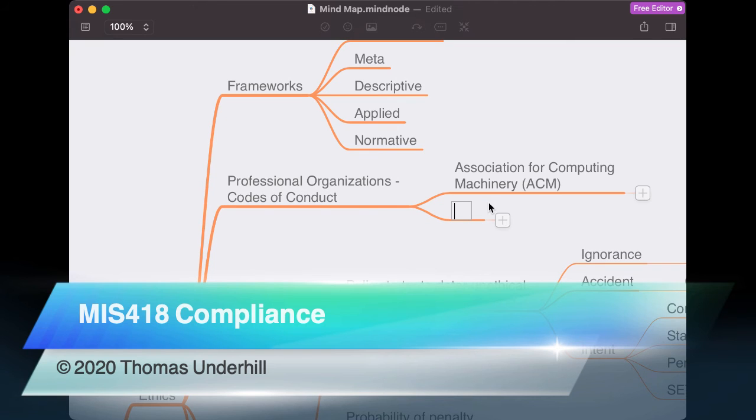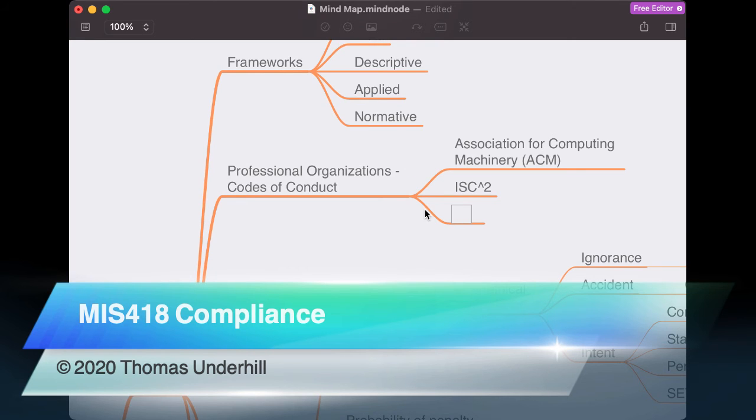Another example is the International Information Systems Security Certification Consortium, or ISC2. They have a code of ethics as well that their members follow. And then there's SANS, an organization for professional certifications and education. They have their own codes. So you can see lots of examples there.